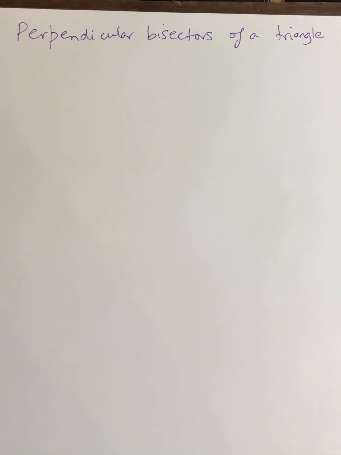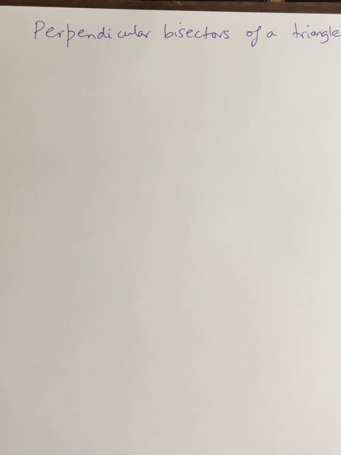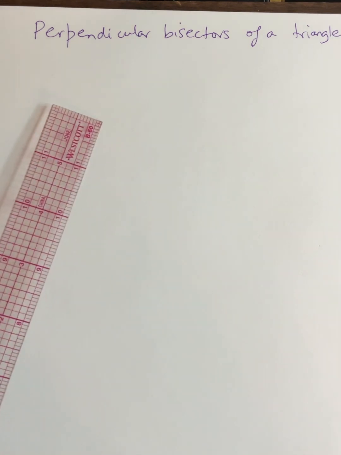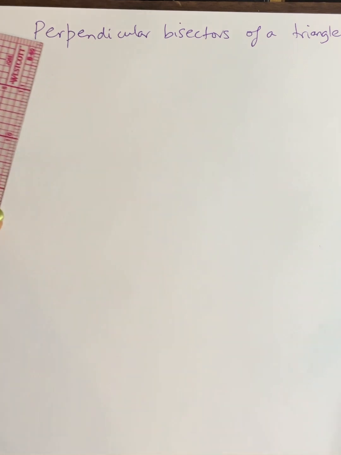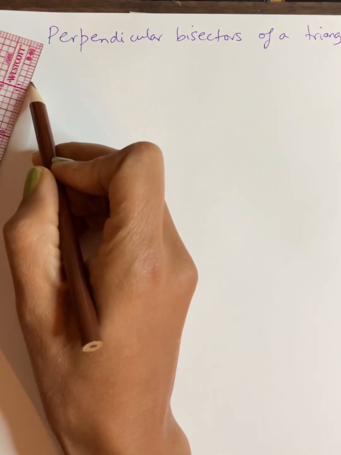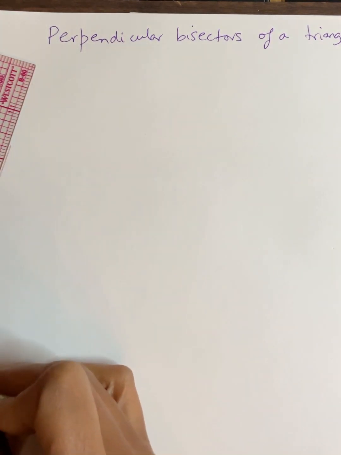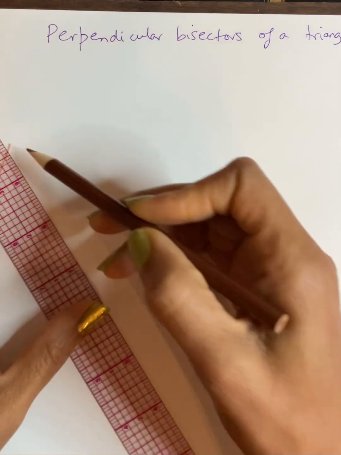Okay, I have my label right here, my heading, and I'm going to first draw a triangle. I'm going to start out again with an acute triangle.